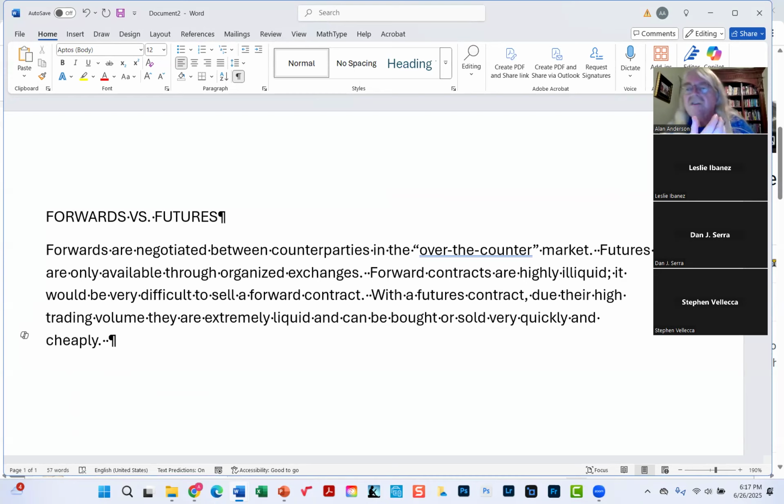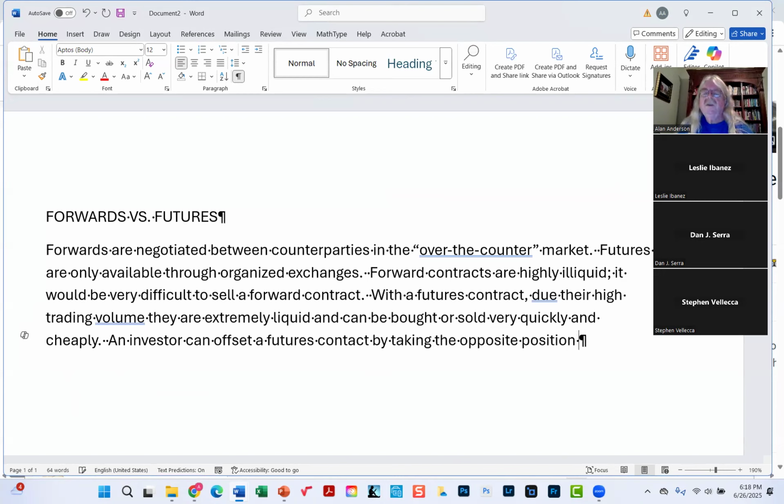An investor can offset a futures contract by taking the opposite position with the same asset and the same delivery date.